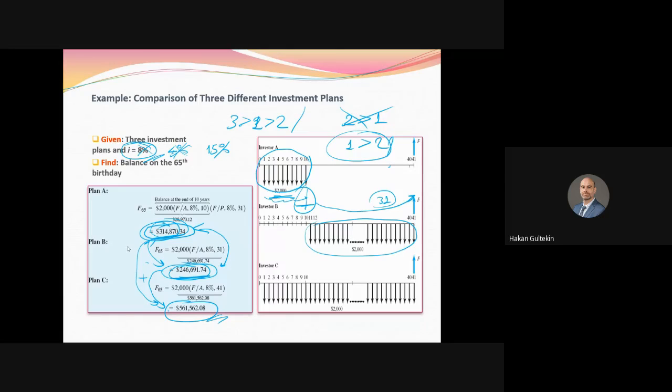Okay, because it will start to earn a large amount of interest for 10 years before the other alternative. And at the end of the 10th year, there will be a large amount of money accumulated. And that large amount of money will continue to earn interest in the following periods.